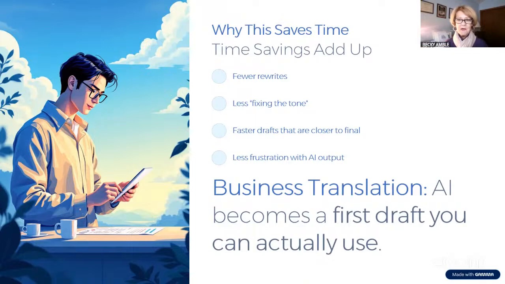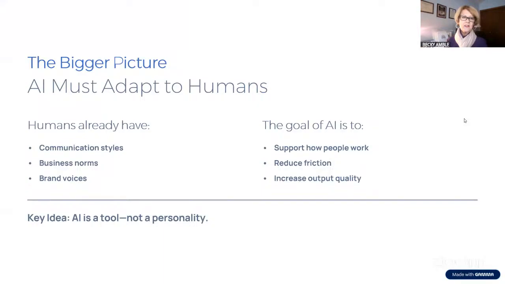Forget it, or start over. I've had times when I said, you totally missed the boat, and it acknowledges that. So it becomes a better first draft that maybe you can actually use or won't have to tweak so much, because it's already doing its creation to be more like you. All right, so the bigger picture: AI needs to adapt to humans, not the other way around.